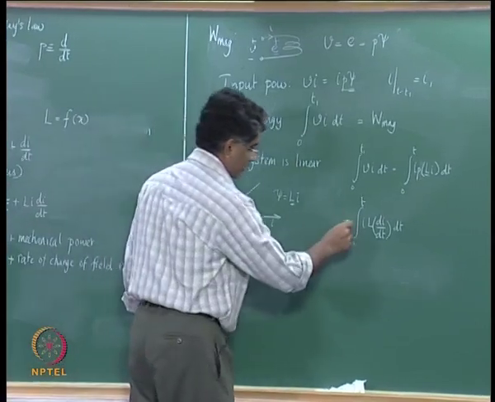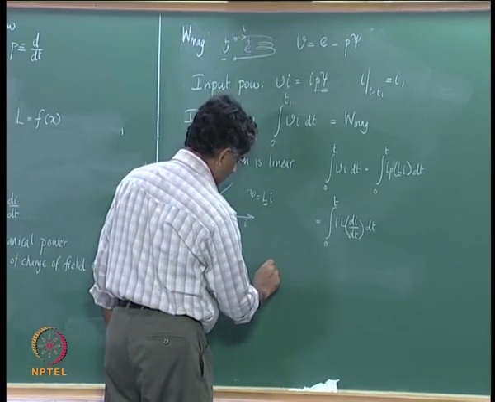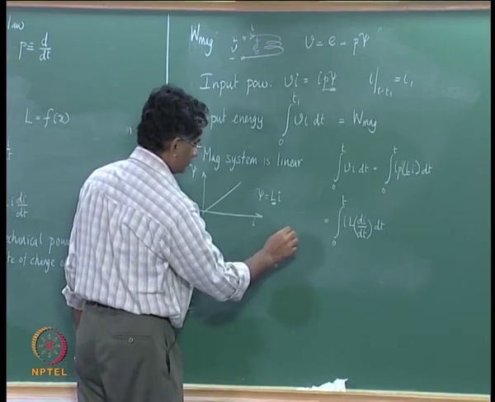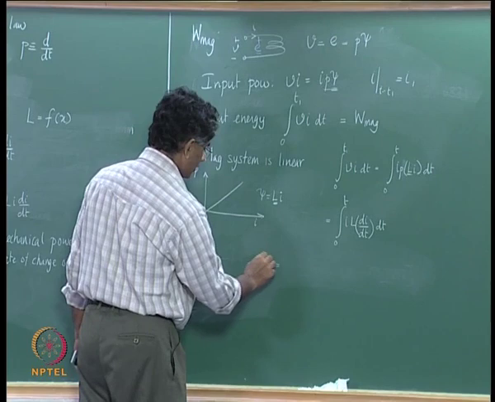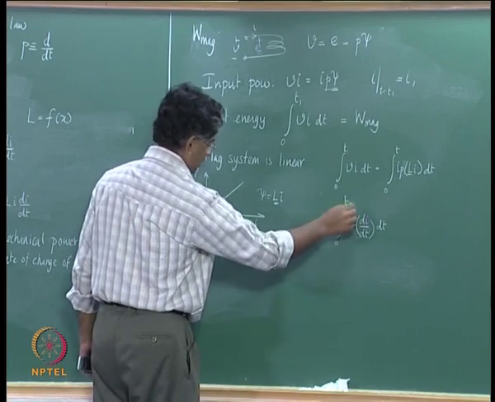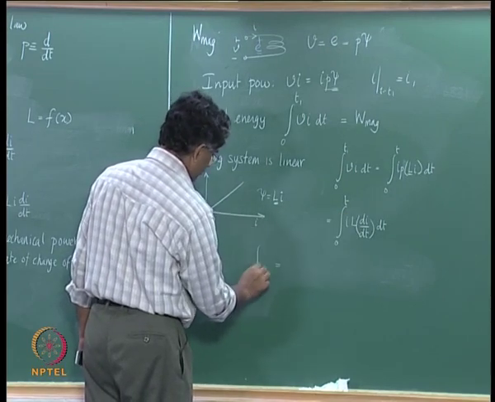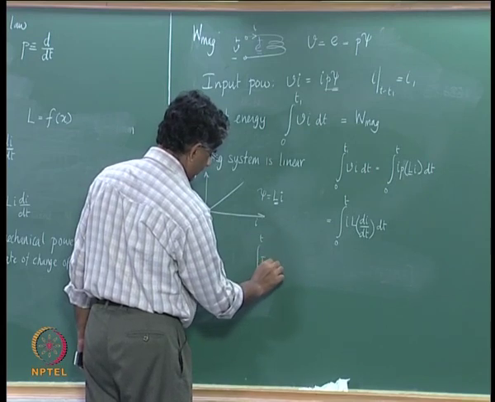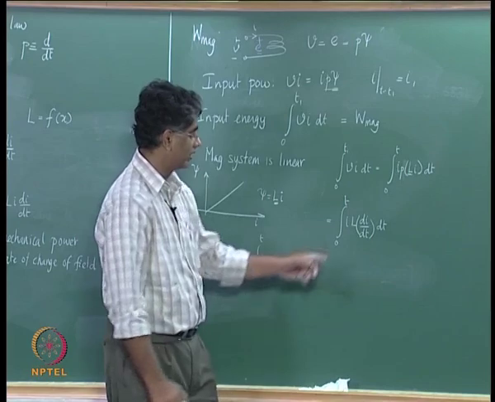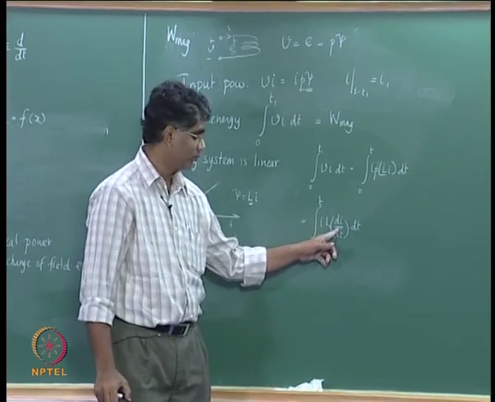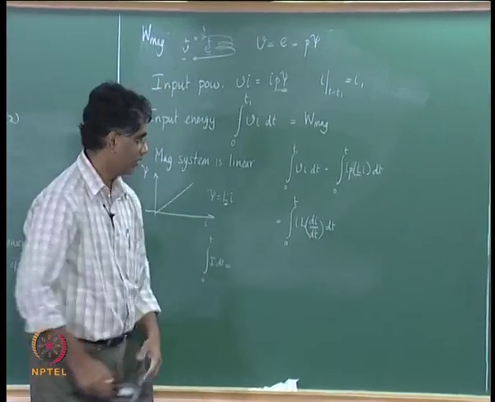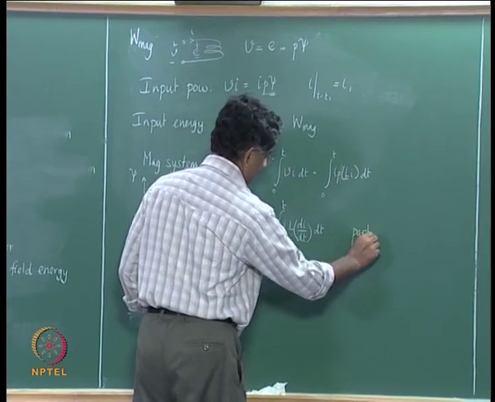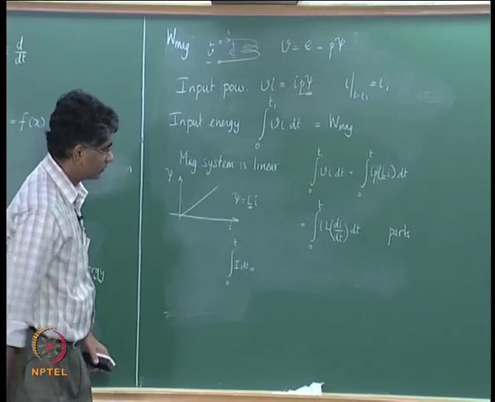And now how to write this? This term, let us call this as I. So, integral 0 to T of this, since it now contains two functions within the integral, we integrate by parts.